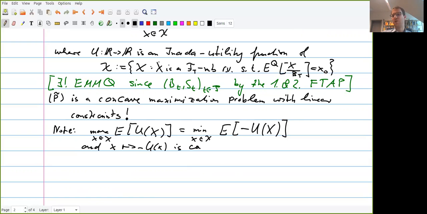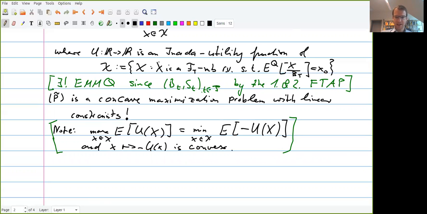The utility function will always be assumed to be concave. I would take minus, so I get a convex function. So this is also a side remark. Okay. So indeed, we can use, hopefully, the theory I just developed.